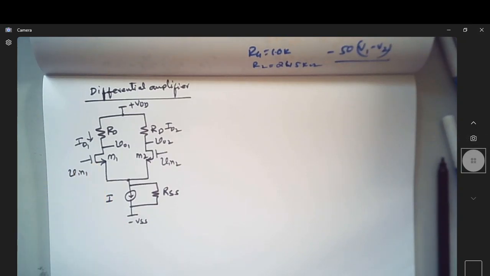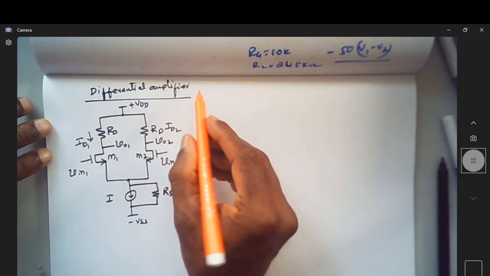So let us try to find out the different parameters of this differential amplifier with a resistive load. Let us assume a few parameters here.